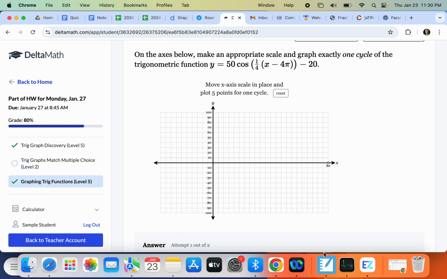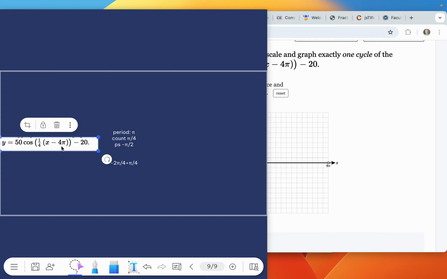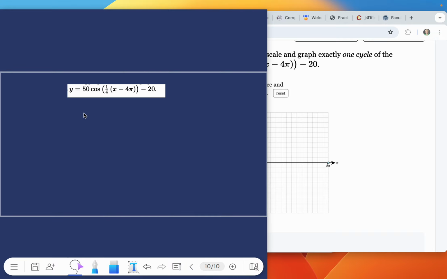So let's take our equation over here and talk about it. All right, so we got our amplitude of 50. We'll come back to that. We have the period of 2 pi over 1/4.